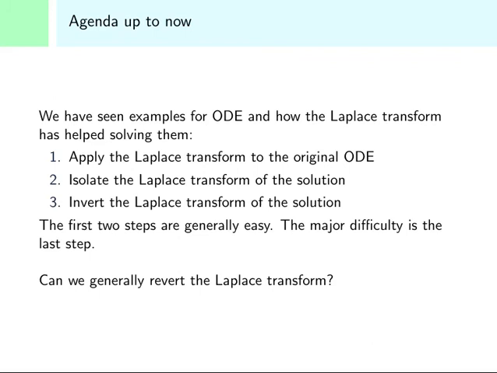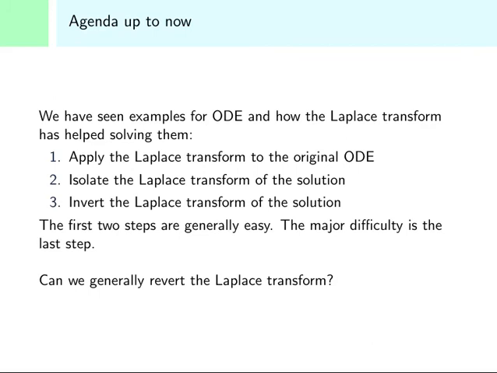The basic recipe has been that we apply the Laplace transform to the original ODE on both sides. That provides us some equation containing the Laplace transform of the solution. In the second step, we isolate the Laplace transform of the solution. We bring it on one side of the equation.